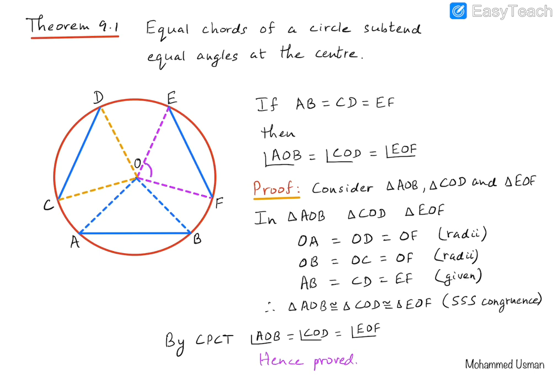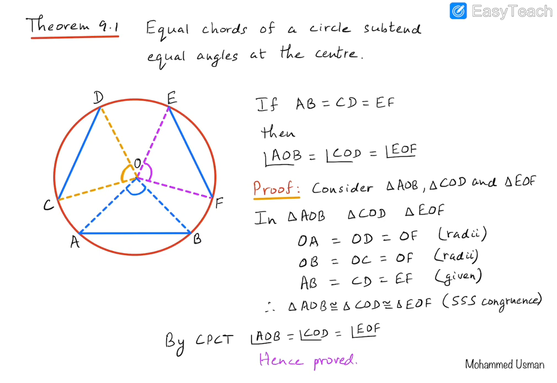So all these 3 angles will be equal, given that the lengths of the chords AB, CD, and EF are equal.